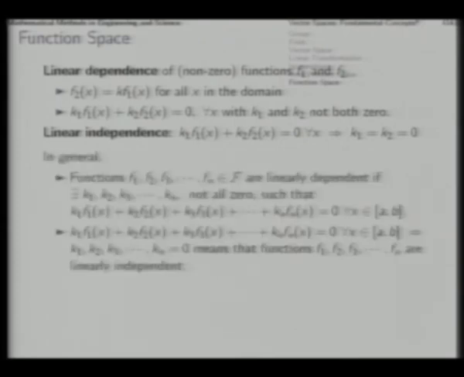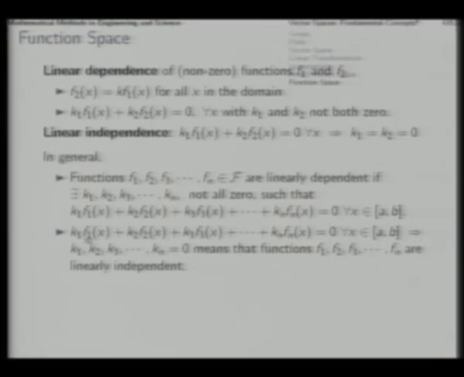In general, among n such functions, if you can find k1, k2, k3, k4 up to kn not all 0 together, such that you can make their linear combination 0, then you say that these functions among themselves are linearly dependent.